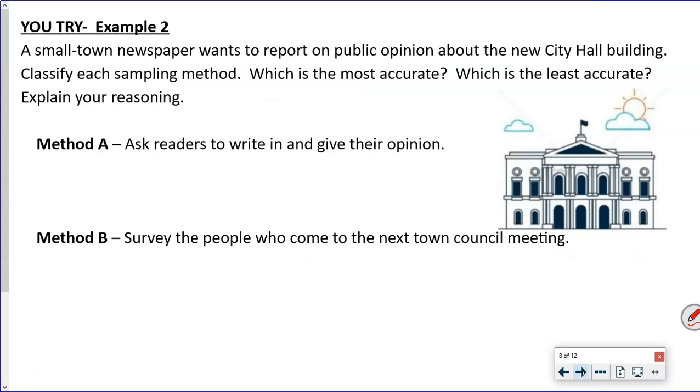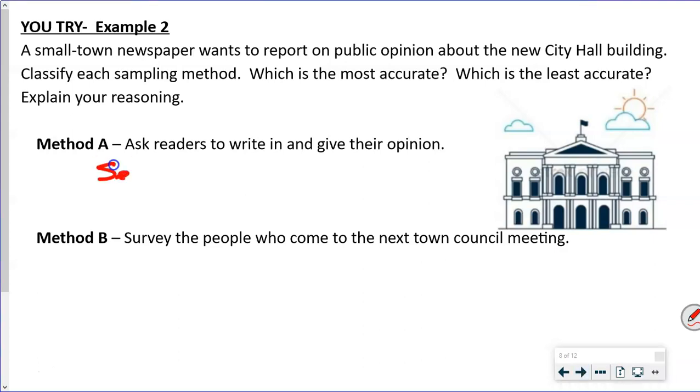So a small town newspaper wants to report on public opinion about the new City Hall building. Classify each sampling method, which is the most accurate, which is the least accurate. Explain your reasoning. So it asks the readers to write in and give their opinion. So this would be, actually, why don't you guys do this and then come back and check with me.